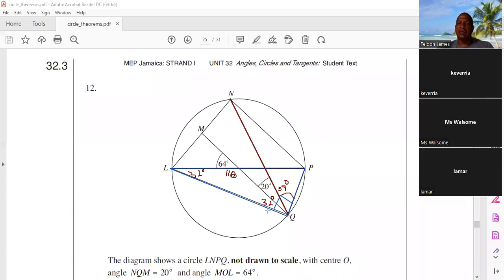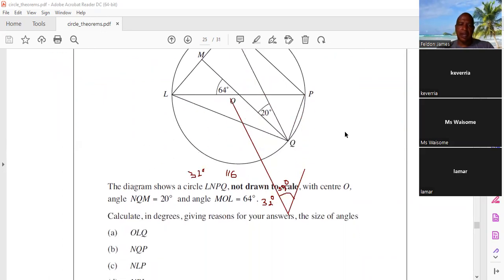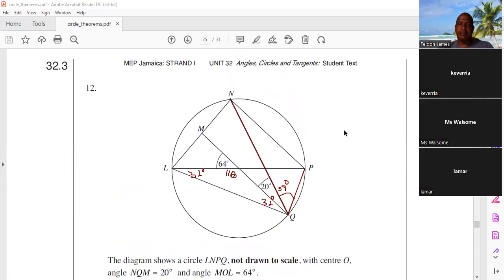We add these two, 20 plus 32, subtract from 90, and you get 38. Everybody see that? Everybody see that, guys? Raise your hand if you're following, guys. Yes, sir. All right, so let us see which other angle we need to find. The next angle we want is angle NLP.